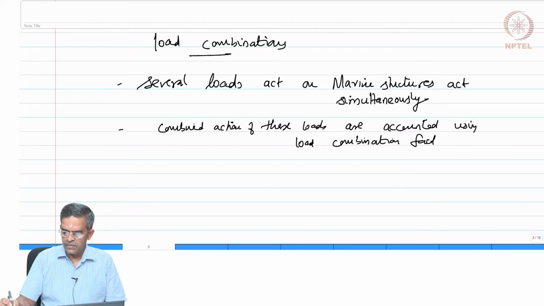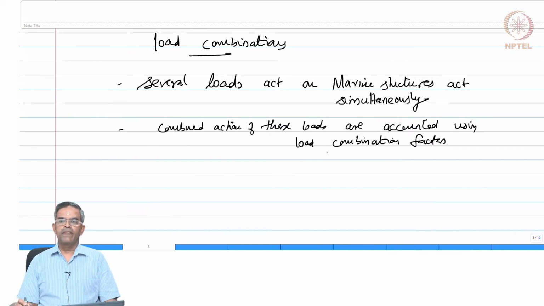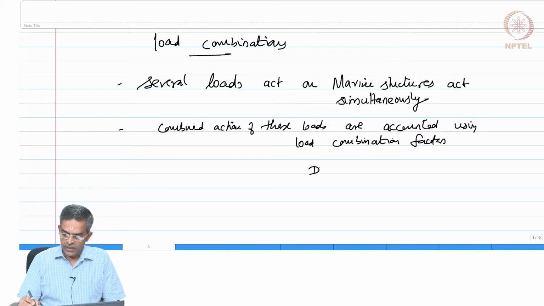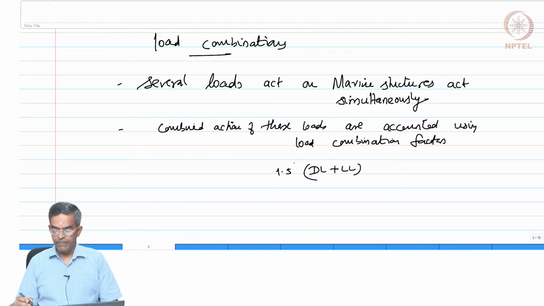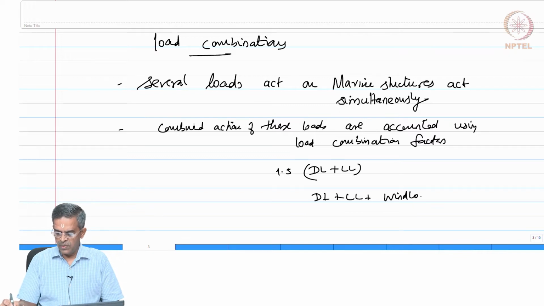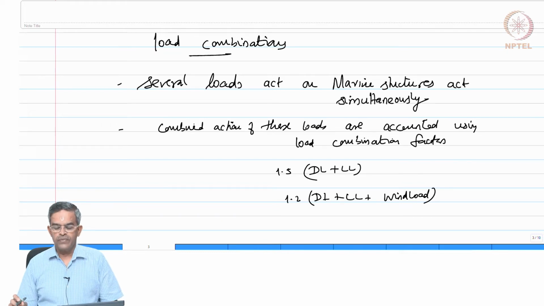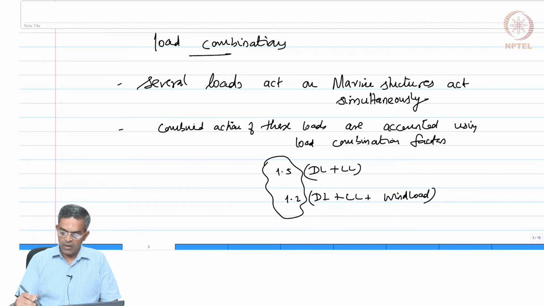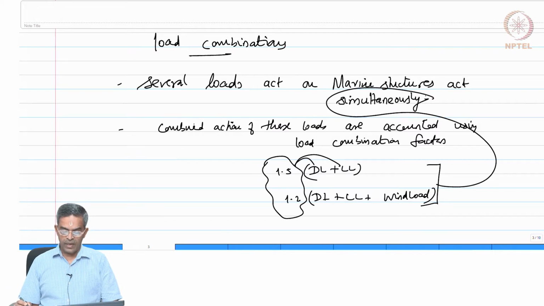You must have seen and you have used in design. For example, if dead load and live load are combined, we generally use a combination of 1.5. If dead load and live load and wind load are combined, certain codes advise this 1.2 and so on. So, this factor accounts for the combination effects of these loads, provided that there is an assumption that these loads act simultaneously. Okay?